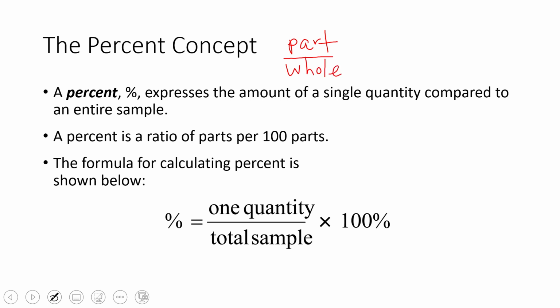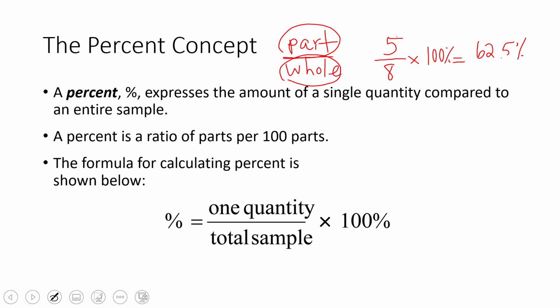For example, if somebody ate 5 pieces of pizza and there were 8 pieces total, we could say 5 divided by 8, and then times it by 100, and say that they ate 62.5% of the pizza. So we're taking part over whole.